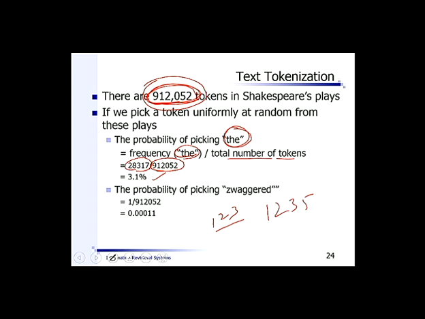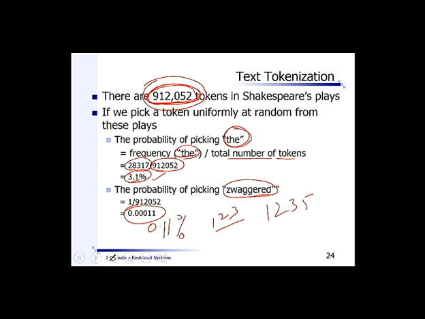Like the, it appears the most number of times in the collection, over 28,000, and on the other hand, Zweigert appears only one time. So if I pick any term randomly from the Shakespeare plays, the probability that it is the is 3.1%, and the probability that it is Zweigert is just 0.00011, or 0.011% if I multiply it by 100.